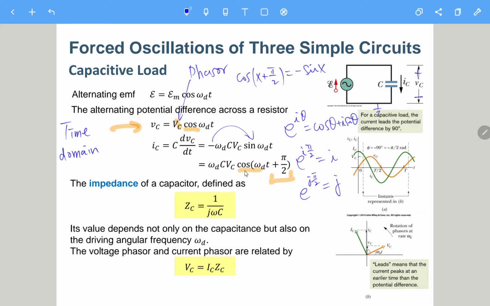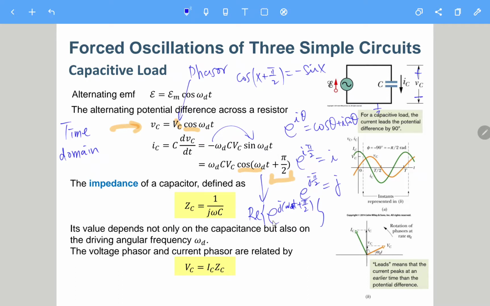So here you can see cosine with this one. You can regard this one as the real part of e to the j omega t plus pi over 2, like this. So after taking the real part, it becomes cosine of this one.